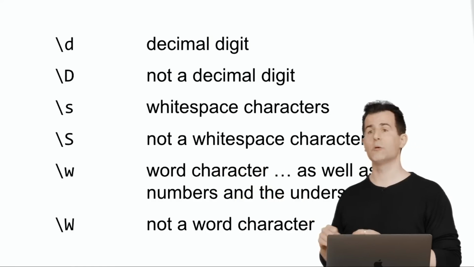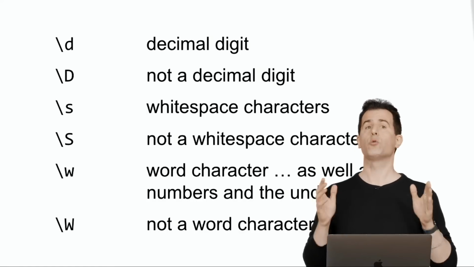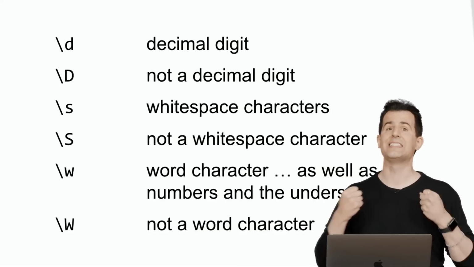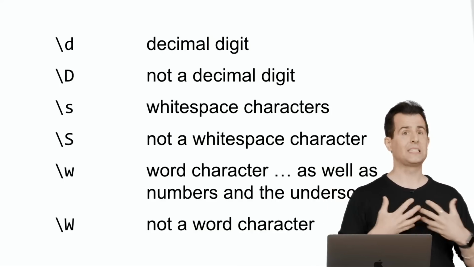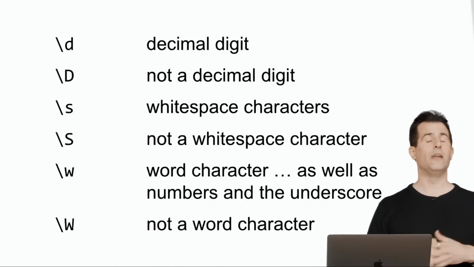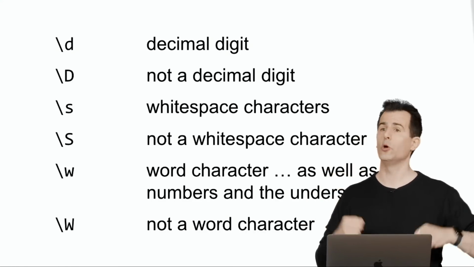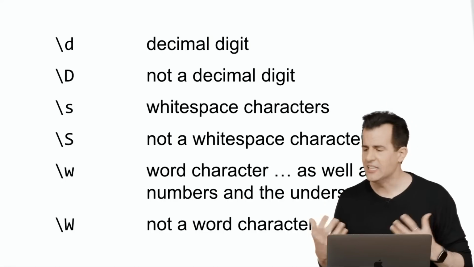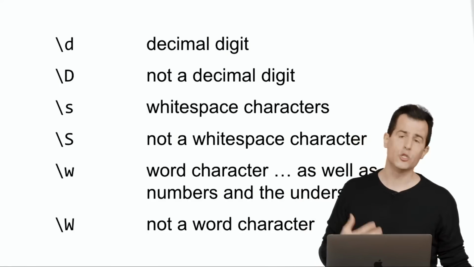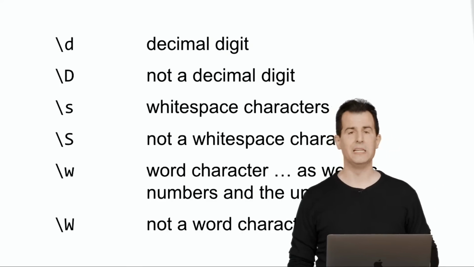Meanwhile, \s means white space characters, like a single hit of the space, or maybe hitting tab on the keyboard, that's white space. \S is the opposite or complement of that, anything that's not a white space character. \w we've seen, a word character, as well as numbers and the underscore. And if you want the complement or opposite of that, you can use \W to give you everything but a word character. Again, these are just common patterns that so many people were presumably using in yesteryear that it's now baked into the regular expression syntax so that you can more succinctly express your same ideas.